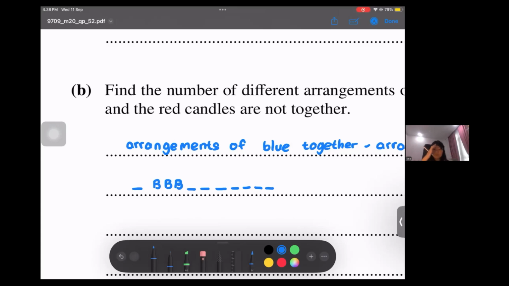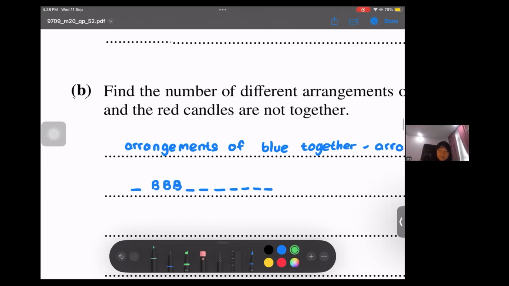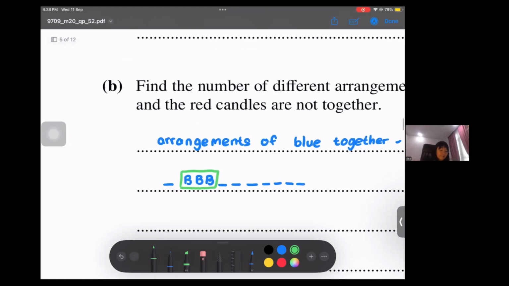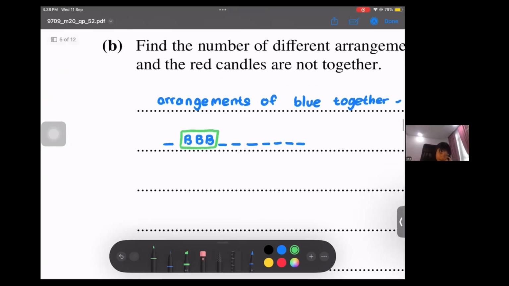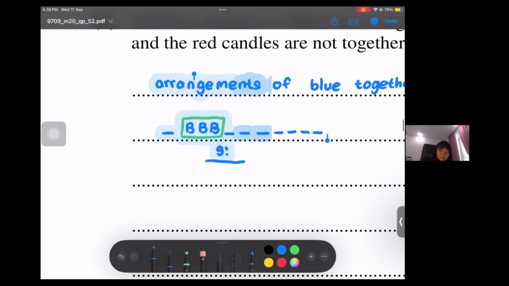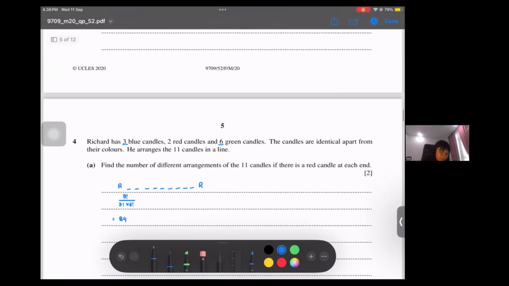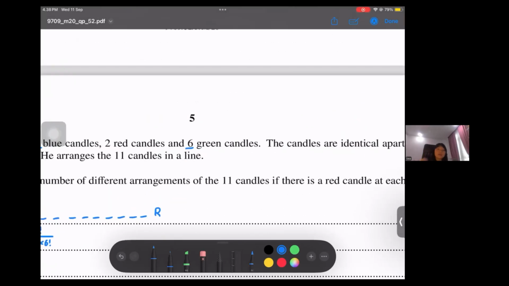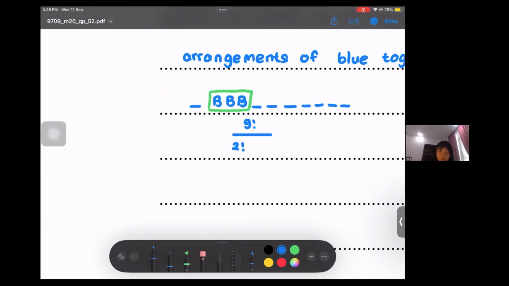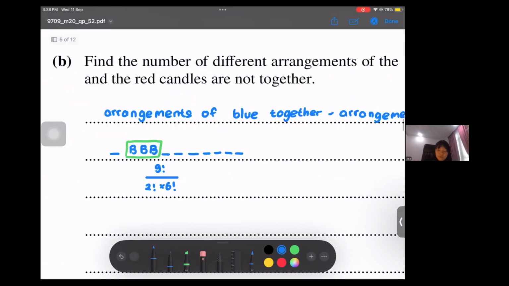So in here, we will consider this as 1 place. And now we have 9 other empty spaces. So we will put 9 factorial divided by, since the blue has not been considered, that means we have 2 other red candles and 6 other identical green candles. So we can put this into our statement. So 2 factorial multiplied by 6 factorial. That will be the arrangement of blue together.